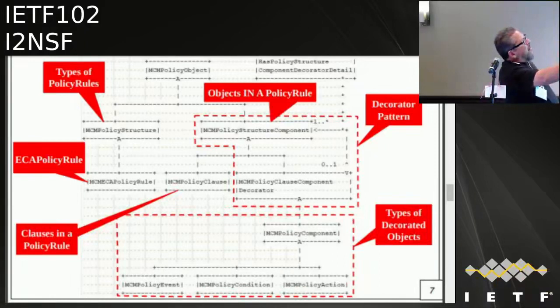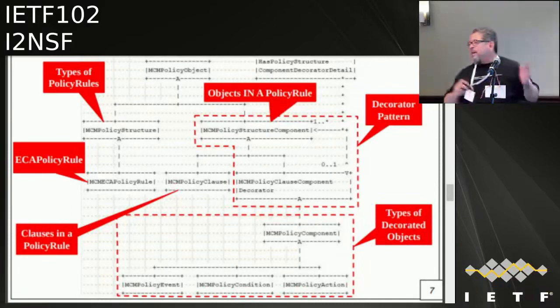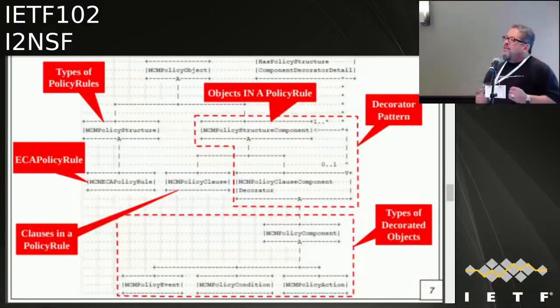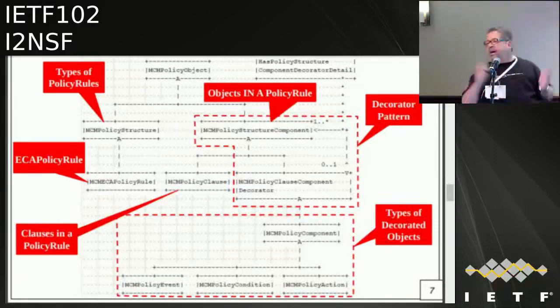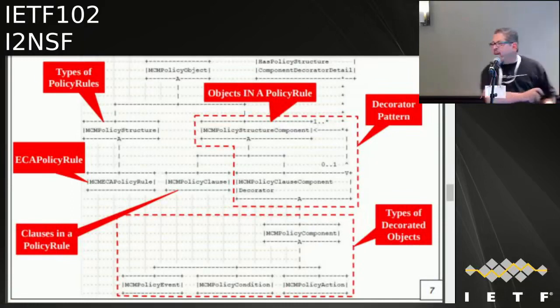Any class can contain elements that are aggregated by it. So for an ECA class, you have events, conditions, and actions. So under policy structure component, you have a decorator, which I'll talk about in a minute. That decorator contains events, conditions, and actions.